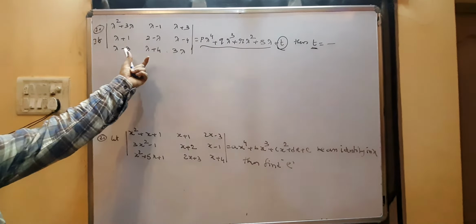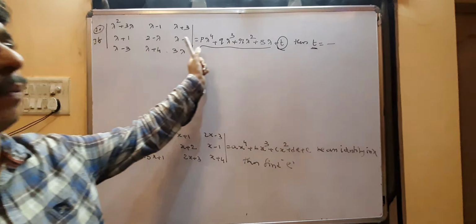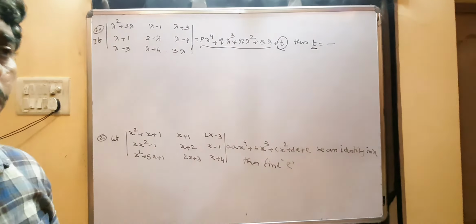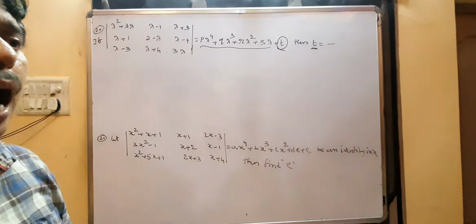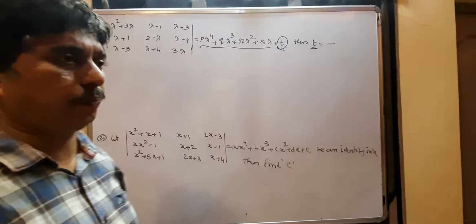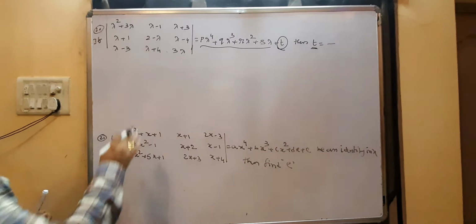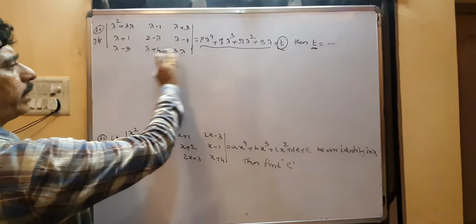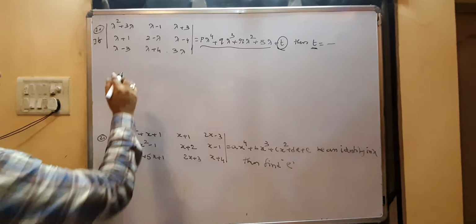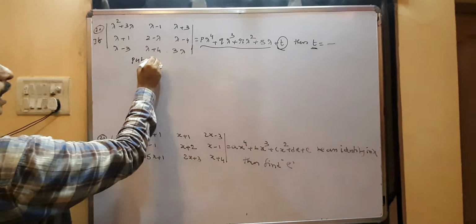The left hand side determinant you have to simplify; we get the fourth degree equation in terms of lambda, and they ask for the constant value. Whenever you want to find the constant, directly take both sides lambda equal to 0. Put lambda equal to 0.